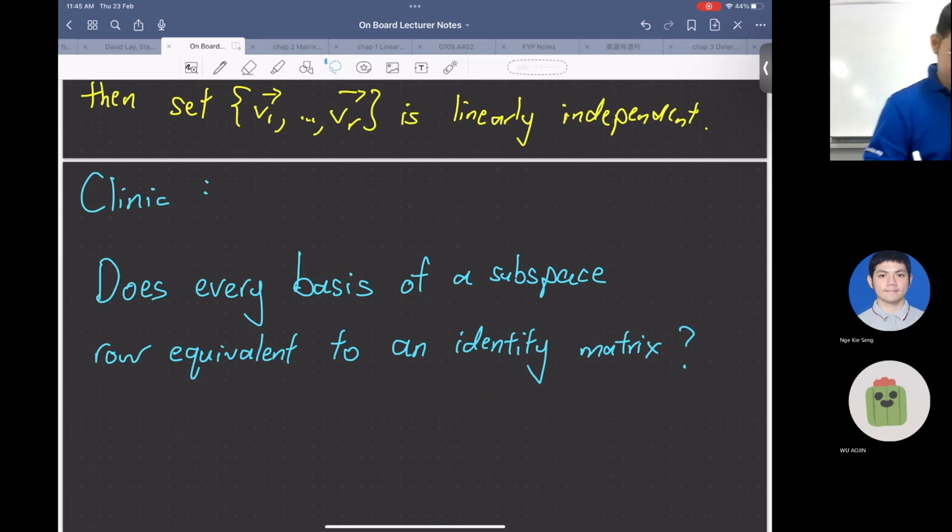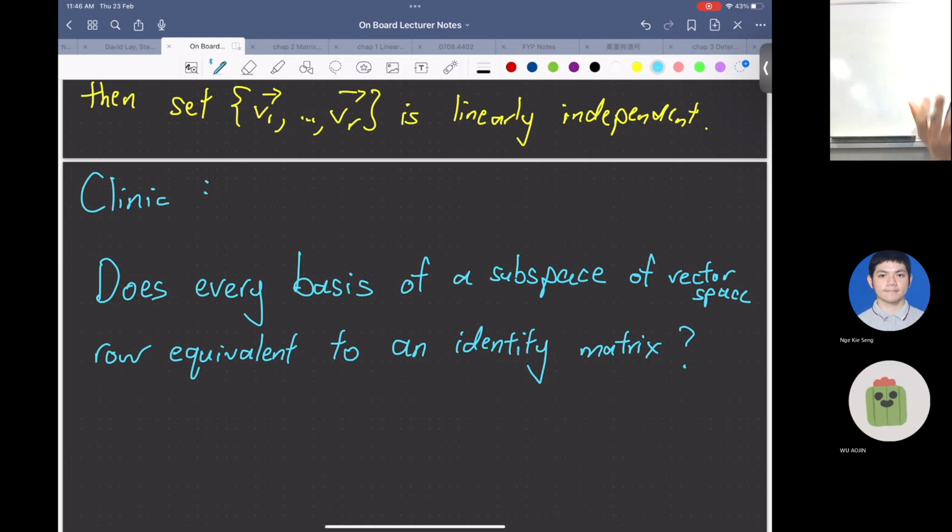If this was not a G course, it's a proper course, this question would probably exist in my quiz or exam. A subspace is of a vector space; the subspace has to live in some vector space.